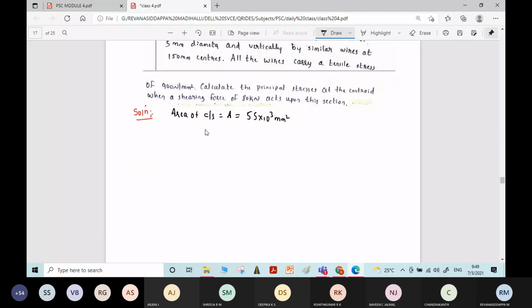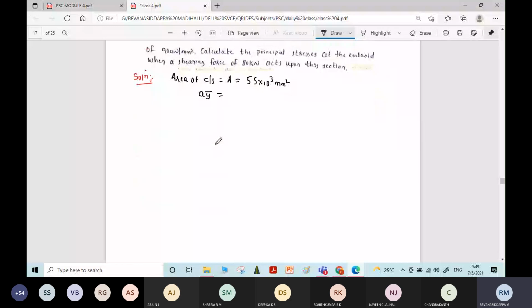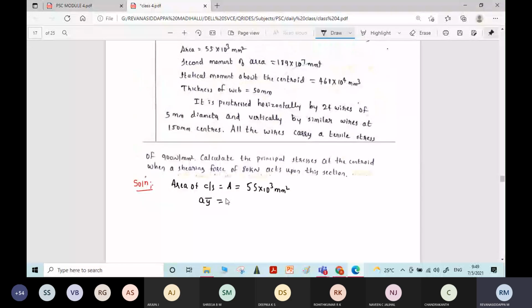Okay, second moment of area AY bar is equal to 189 into 10 power 7 mm. Sorry, second moment of area, moment of inertia, right? Moment of inertia. Better I'll write one more step here.